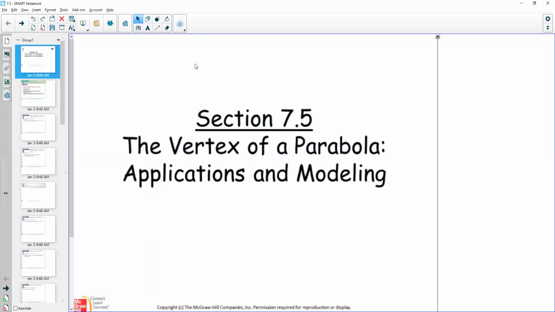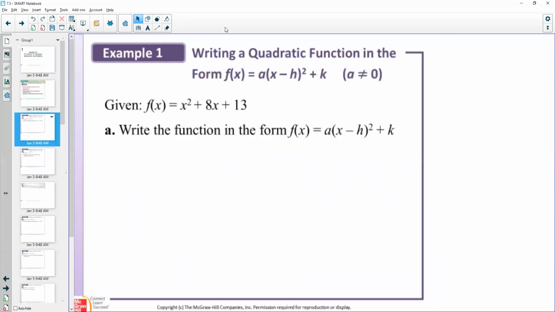All right, so what we have is this form that we saw the other day in the last video in 7.4 that really helps us to look at a quadratic function and graph it. But most of the time we get a function that's not in that form. So we have to figure out how to get from one form to the other.